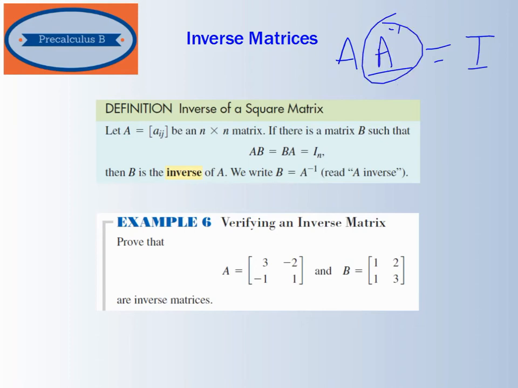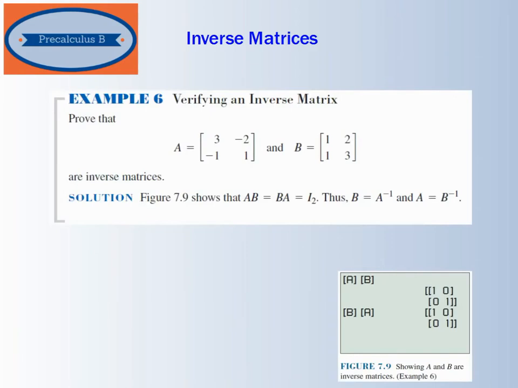All right, and you can verify an inverse by multiplying two matrices together. So, for example, if I have matrix A and matrix B, and I want to know, are they inverses of each other? Well, that would mean that when I multiply them together, I would get the identity matrix. And that's exactly what happens when we multiply these together.